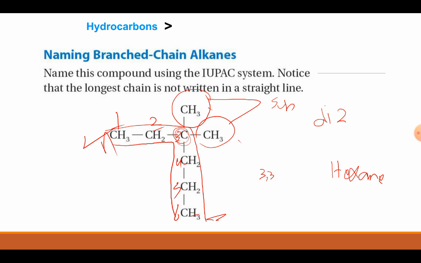If you can remember from the first term, di means 2, tri means 3. We have CH3 and CH3, so we have 2 similar substituents. So we say 3 and 3 di what? Methyl. Methyl hexane.